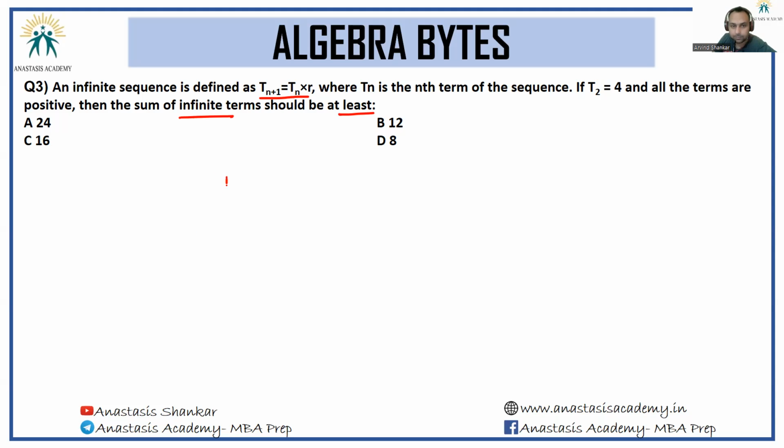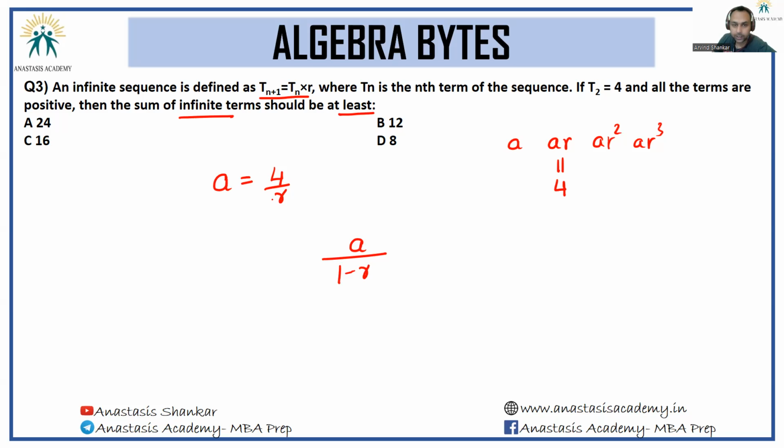If we are looking for it to be at least, and this is infinite terms, then how do I operate it? Okay, let's say the terms in the series are a, ar, ar squared, ar cubed. We have been told ar is equal to 4. So can I go ahead and say a is equal to 4 by r? And sum of an infinite GP is given by first term divided by 1 minus r.